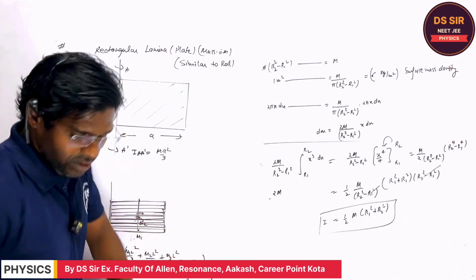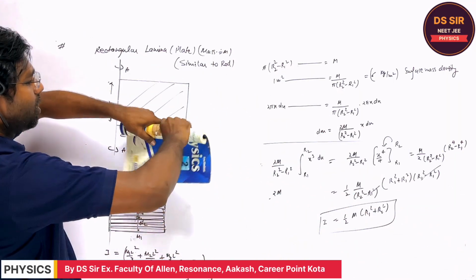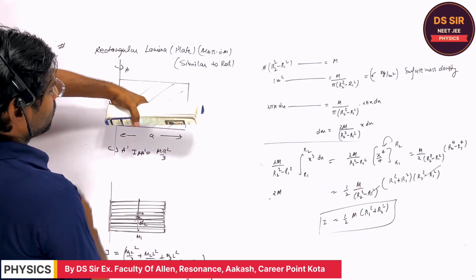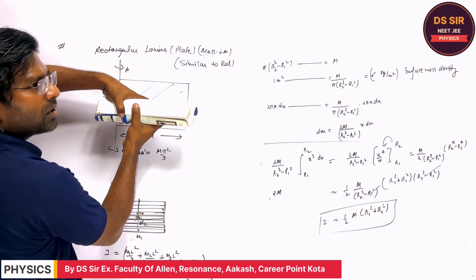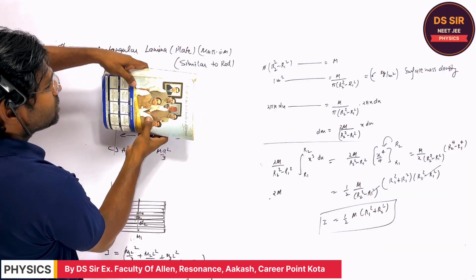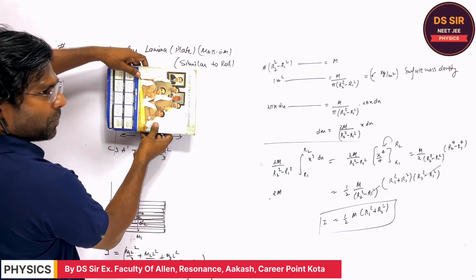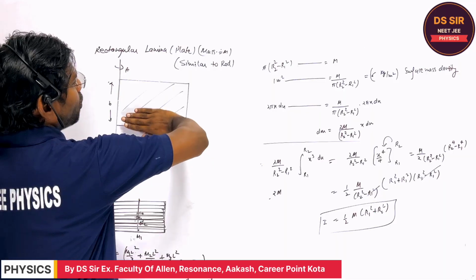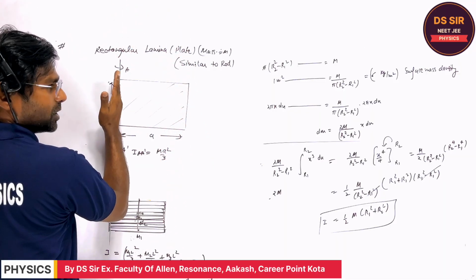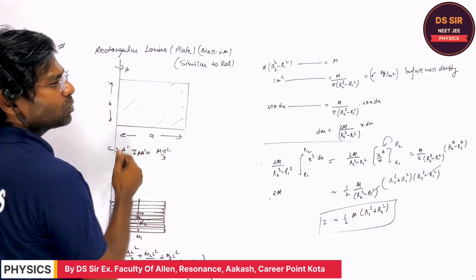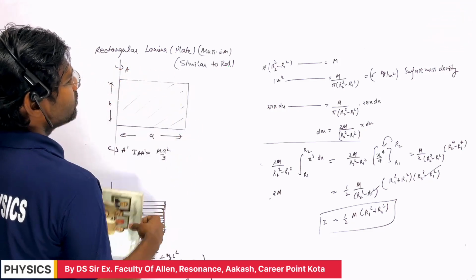Even you can think like this. If this is the rod, the moment of inertia about this axis is M L square by 3. If the mass is distributed like this, it is open. The mass is just spread out, but the distribution of the mass with respect to the axis of rotation is very much similar.